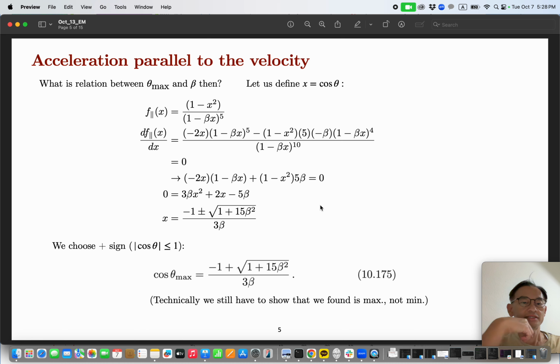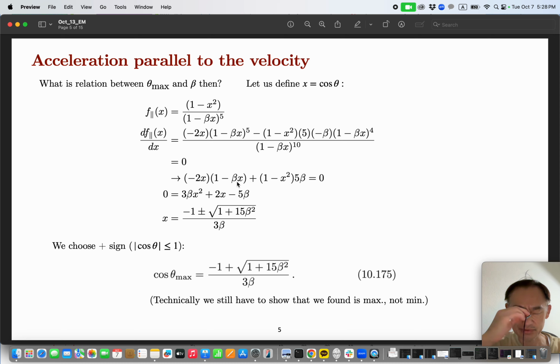Anyhow, let's take a look at the relationship between theta max and beta. We replace cosine theta with x, and we want to know where the maximum is. The obvious thing to try is to differentiate and require that slope to be 0. It looks complicated, but as far as x is concerned, this is a second order polynomial.